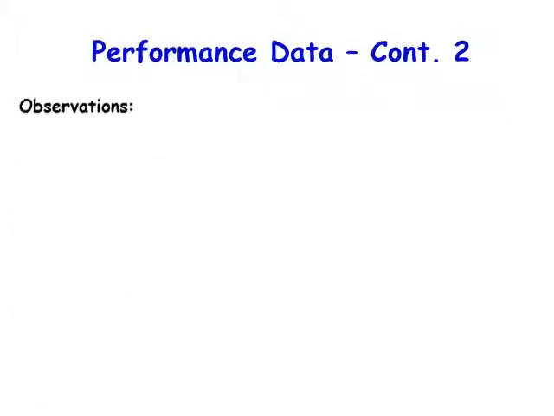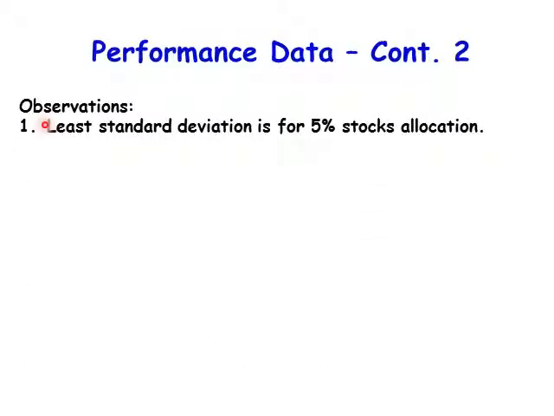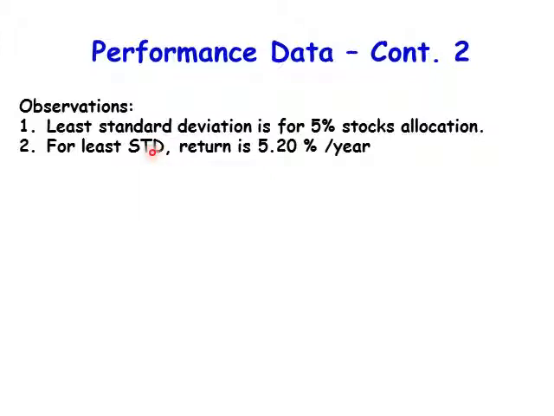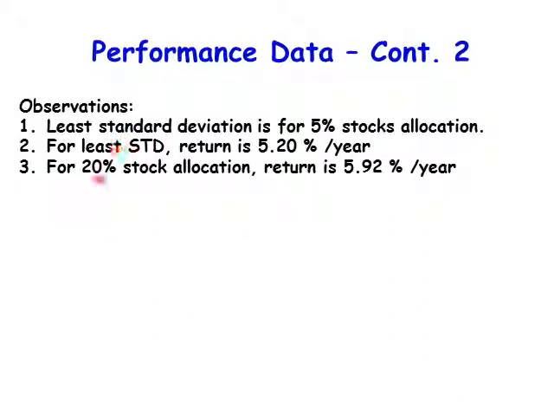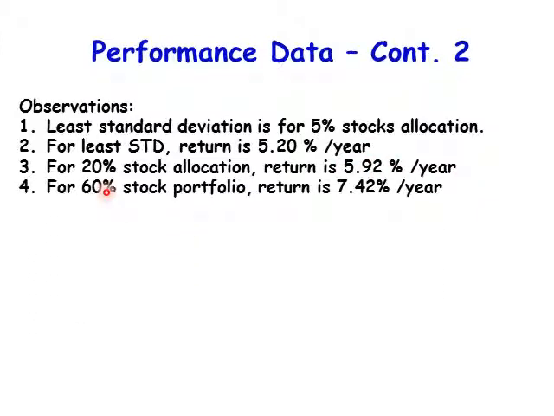Let's continue. Observations. We already noted these observations before from the table. Least standard deviation is for a 5% stock allocation, and the return was 5.20% per year in that table. For the 20% stock allocation, the portfolio least likely to lose money in any year, return is 5.92% per year. For the 60% stock portfolio, which is the classical 60-40 portfolio, return was 7.42% per year.